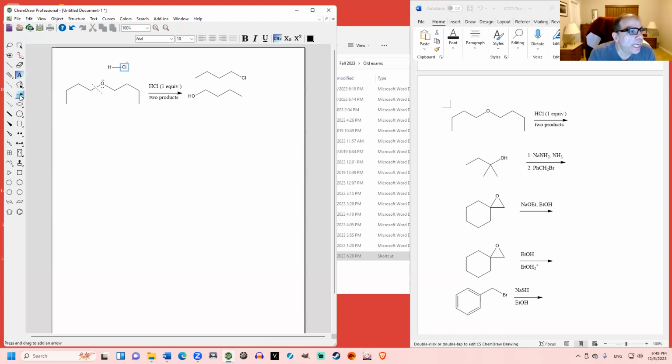The mechanism of the reaction goes by protonating the ether oxygen using whatever the hydrogen halide is.